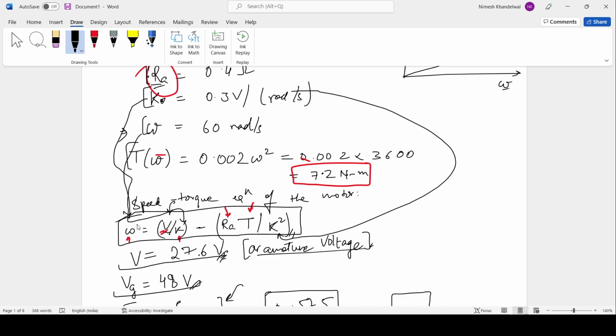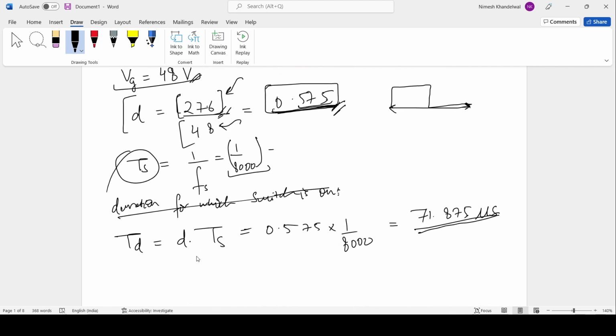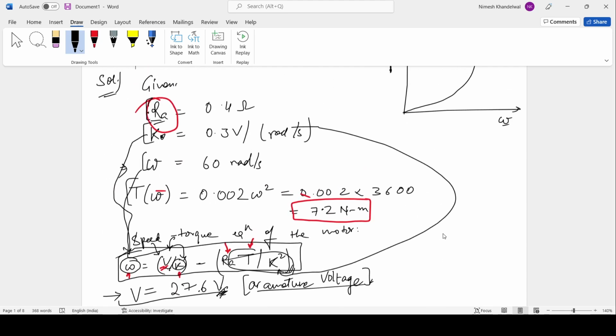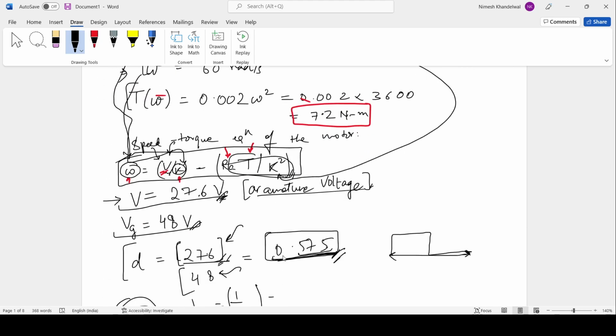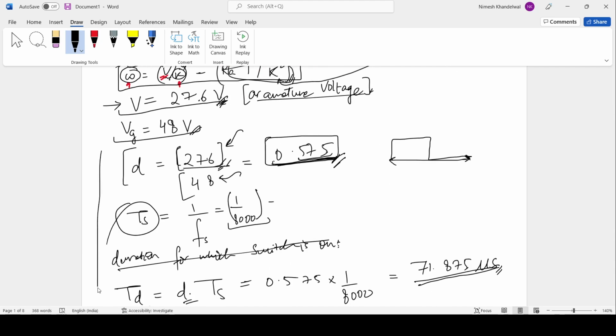I have been given all these other quantities, and I have to find V. If we know V, we can use V to calculate the duty cycle, and we can use the duty cycle to calculate the switching time, or the time for which the switch is on. So we use this equation to calculate our armature voltage, and then the same steps follow.